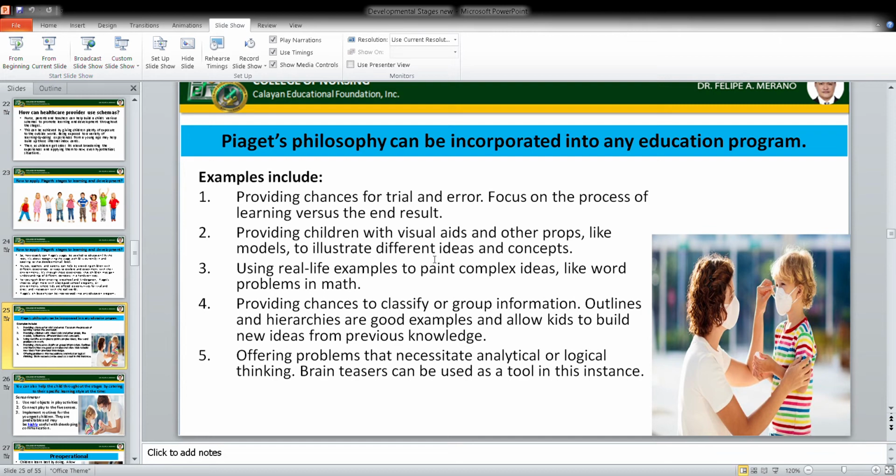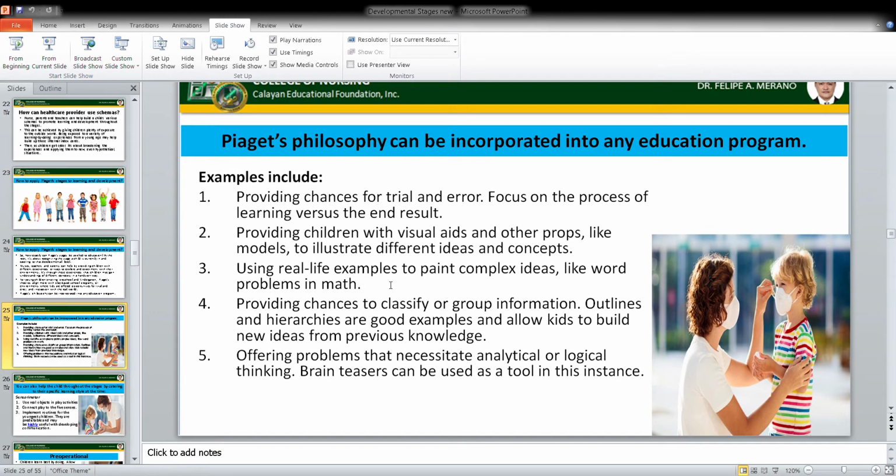Then providing children with visual aids and other props like models to illustrate different ideas and concepts. That's why we create PowerPoint presentations, we create models, we have mannequins to help you visualize the learning needed by student nurses. Using real examples to explain complex ideas, like word problems in math.